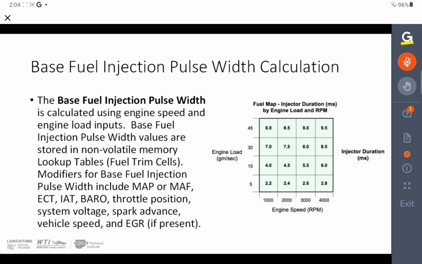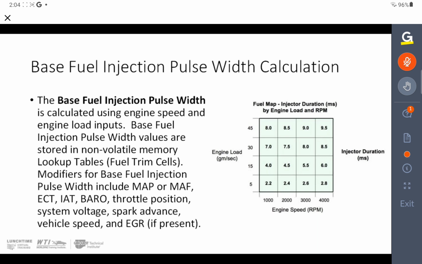So each one of these cells is showing you what typical injector duration or pulse width is while it's in that cell. Keep in mind that every manufacturer, these numbers may be a little bit different. They're not all the same. And even across different models within a manufacturer, these fuel trim cells may have a different amount of injector pulse width time for each cell.